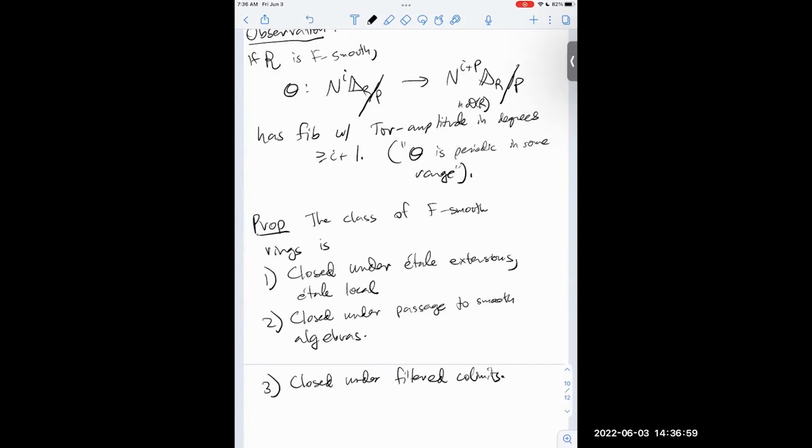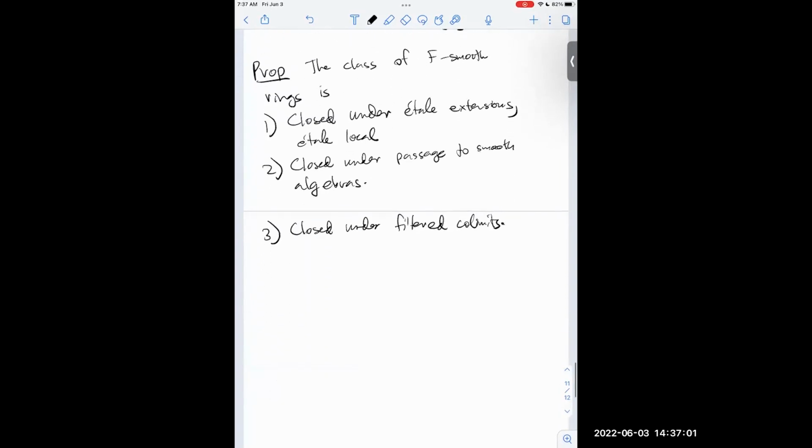So this is closed under filtered colimits, and there's something a little bit subtle happening here, which is that there's this condition of Nygaard completeness, and completeness is saying that some inverse limit is 0, and a priori that's not going to pass through a filtered colimit.